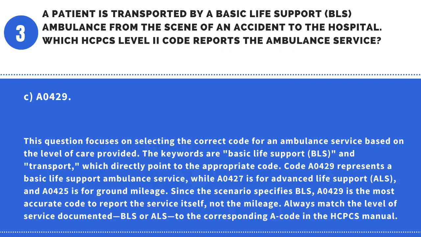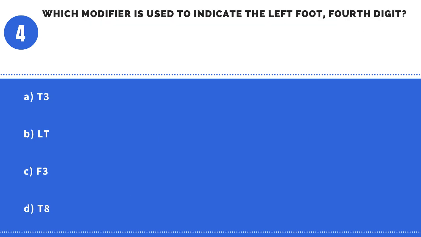Since the scenario specifies BLS, A0429 is the most accurate code to report the service itself, not the mileage. Always match the level of service documented, BLS or ALS, to the corresponding A code in the HCPCS manual.